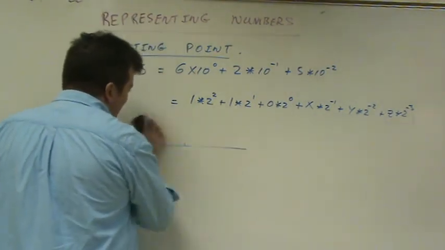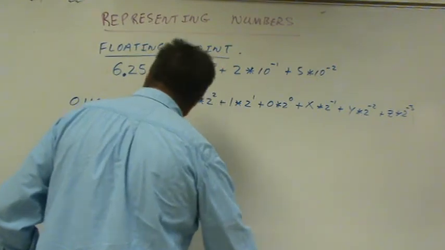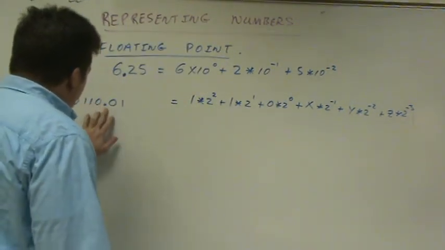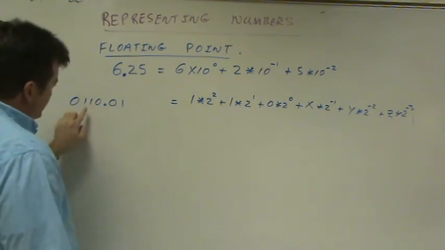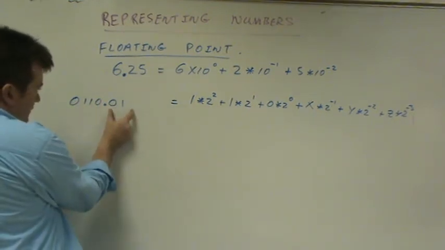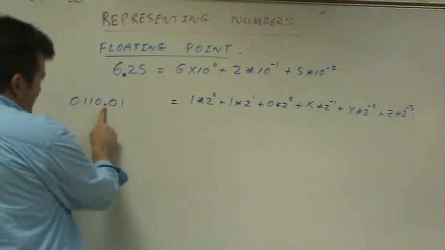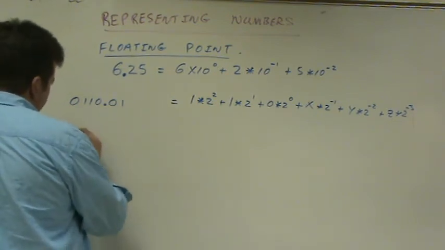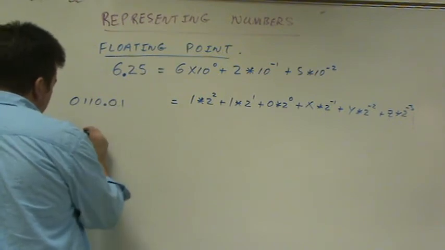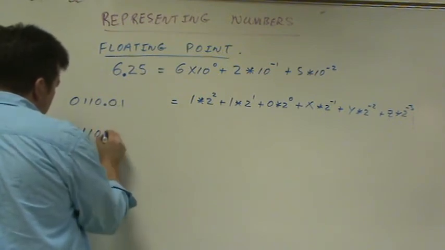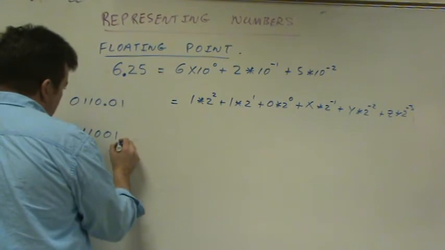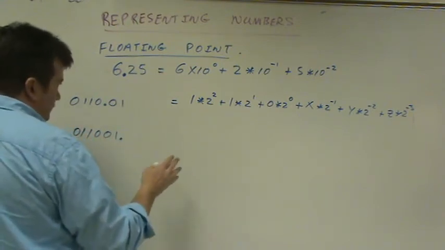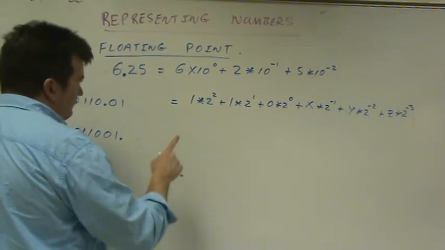The IEEE decided, and every computer seems to follow this, that this is equal to 6 1/4, and we could decide to move the decimal point in any direction. And we could say 11001, moving the decimal point in 2 directions, and then multiply this whole number by an exponent.